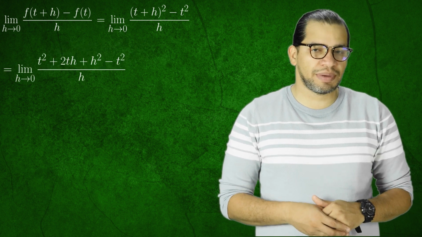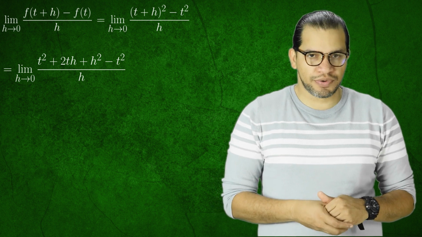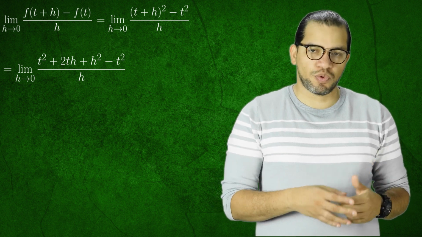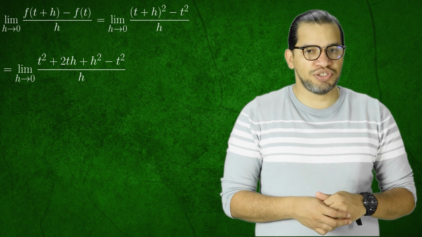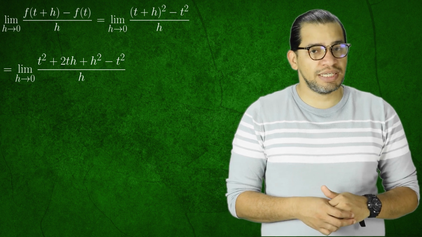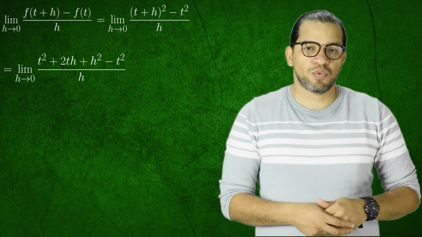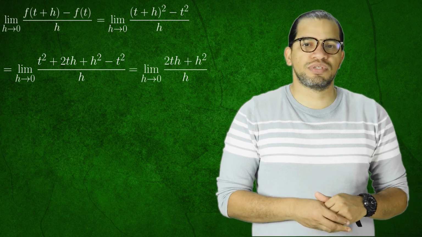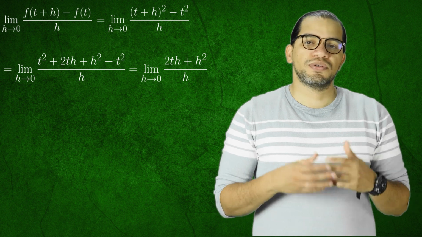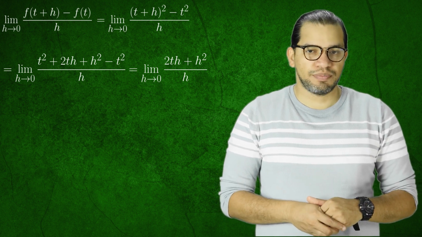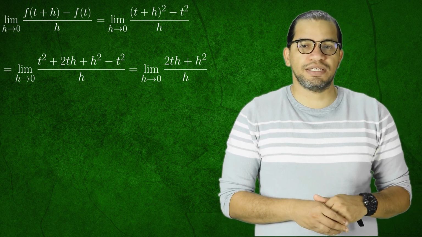Thus, we have the limit when h goes to 0 of t squared plus 2th plus h squared minus t squared divided by h. And if we simplify, we obtain the limit when h goes to 0 of 2th plus h squared divided by h.